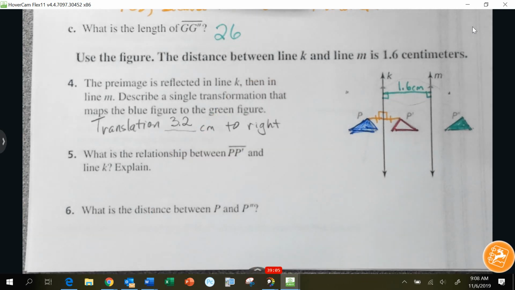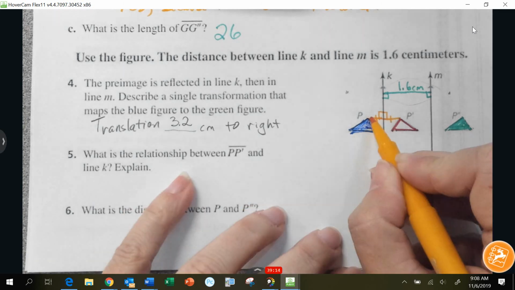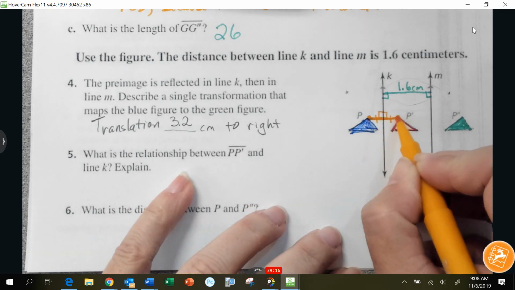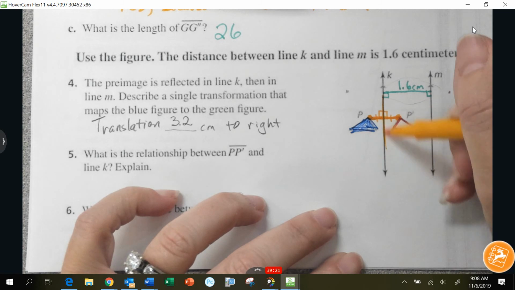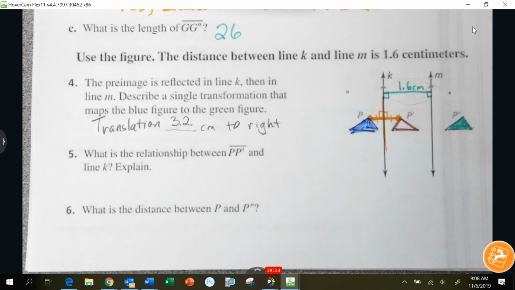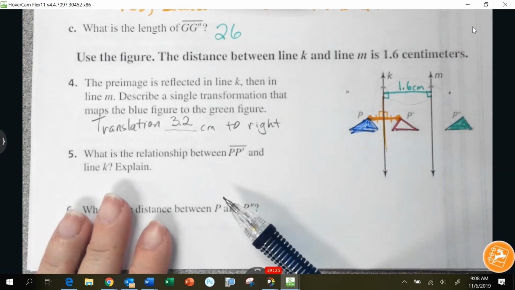Okay, what is the relationship between P prime and the line K? I drew it in yellow, what is the relationship of this entire segment and line K? I did not see many people have this answer.